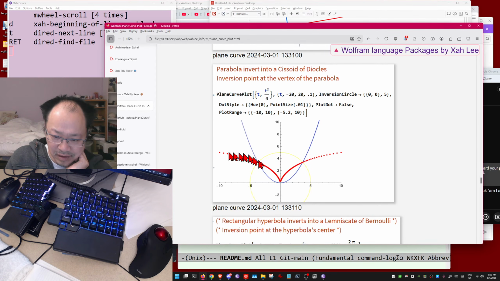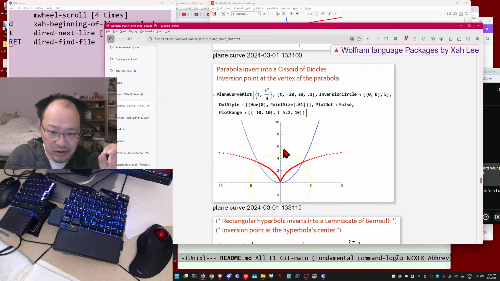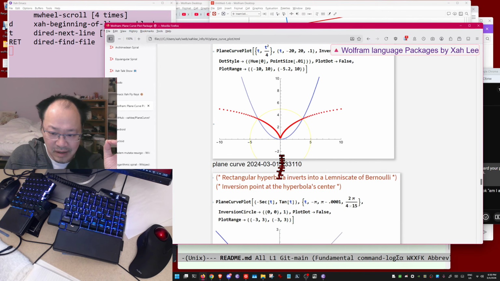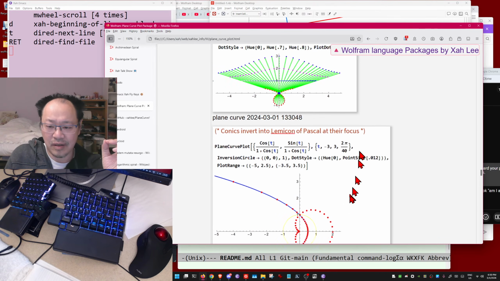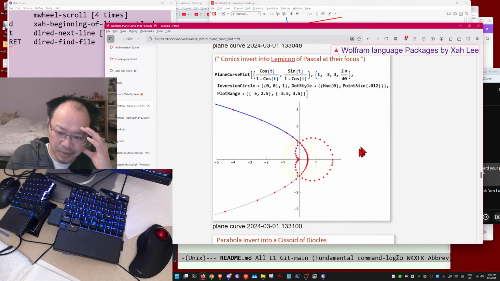Then you get these red dots. That's an inversion of the parabola at the vertex of the parabola. What you get, the red dots, is the cissoid of Diocles, a very ancient curve, like 2,000 or 3,000 years old.